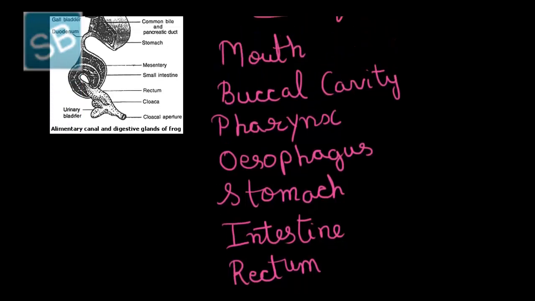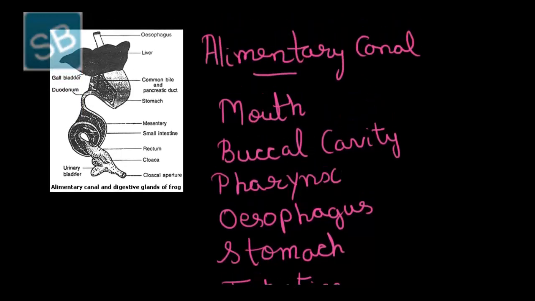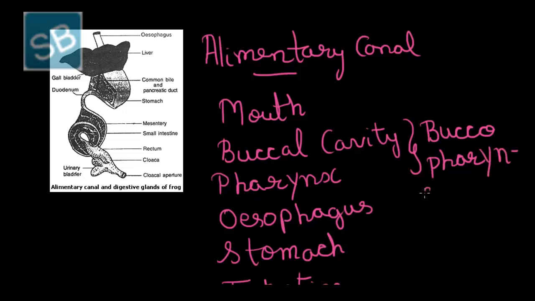In frog, generally the buccal cavity and pharynx together combine to form the buccopharyngeal cavity. Due to the absence of a neck in frog, the buccal cavity directly opens into the pharynx and there is no demarcation between them. So the cavity formed by the combination of the two is known as the buccopharyngeal cavity.